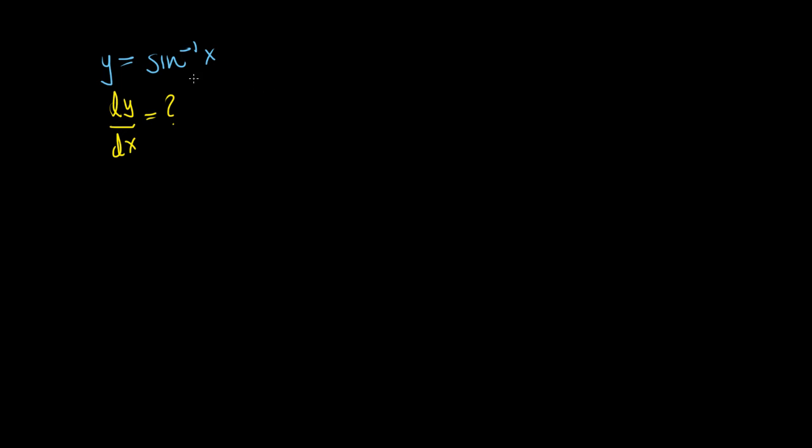Okay, so here we have the equation y is equal to sine inverse of x. Now what if we take the sine of both sides? Taking sine of both sides, we get sine of y is equal to sine of the sine inverse of x.